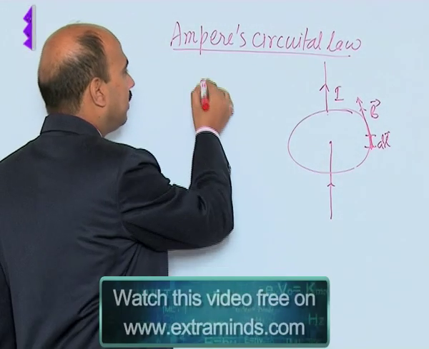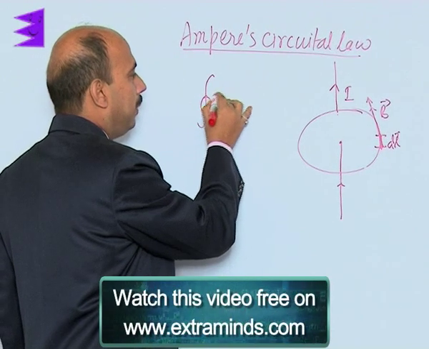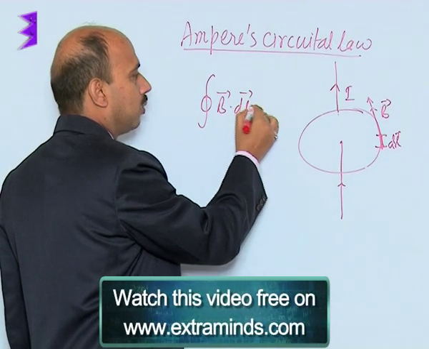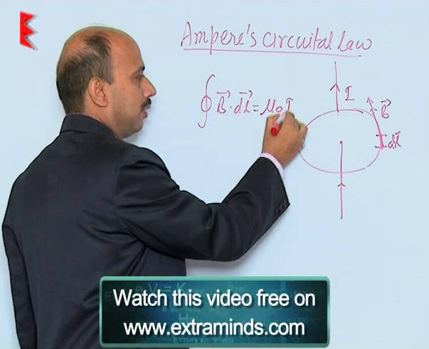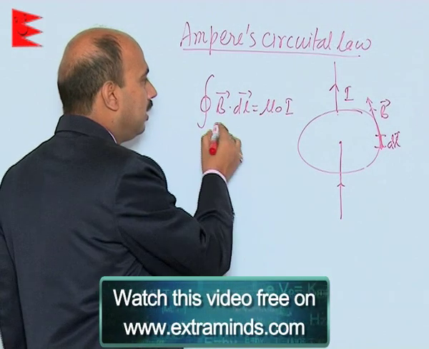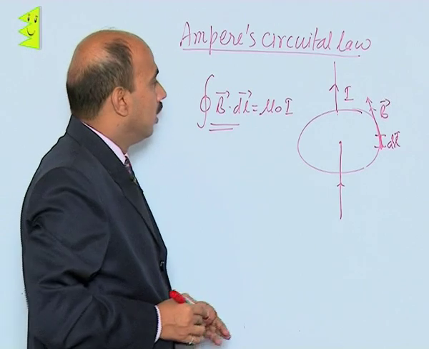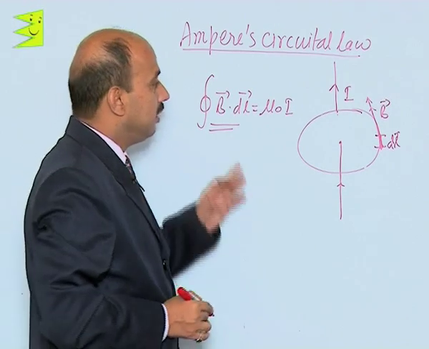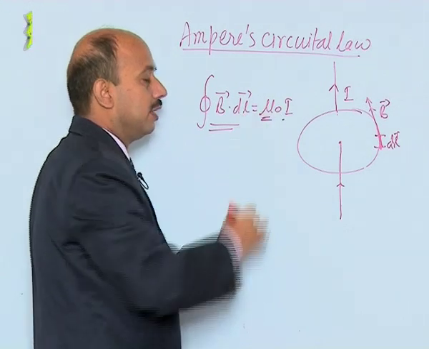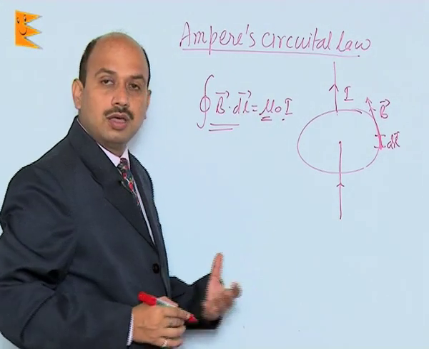So, according to Ampere's circuital law, we can write B dot dl is equal to mu naught I. So, B dot dl, that is the line integral of the magnetic field over the closed path, is equal to mu naught times the current threading the loop.